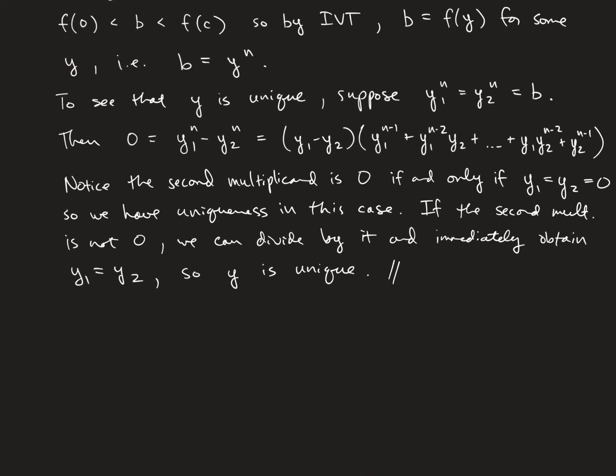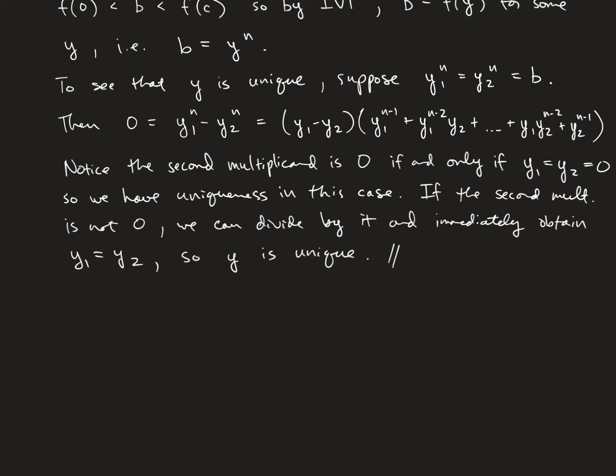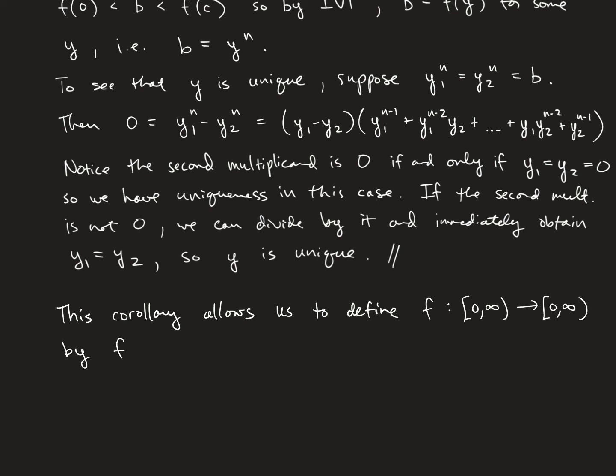And so this corollary allows us to define a function from the non-negative reals to the non-negative reals by f of x equals x to the 1 over n.